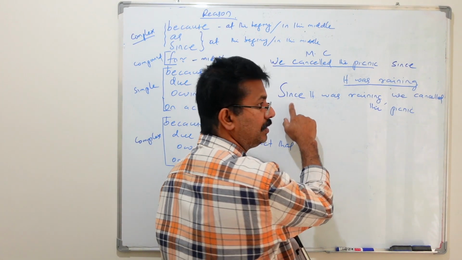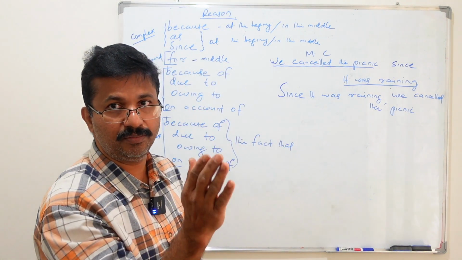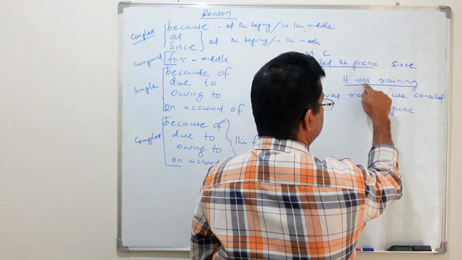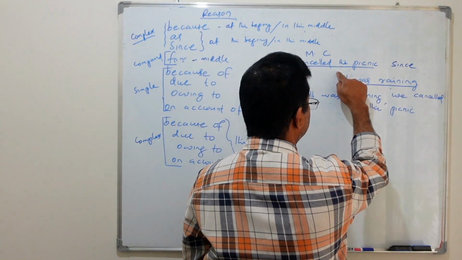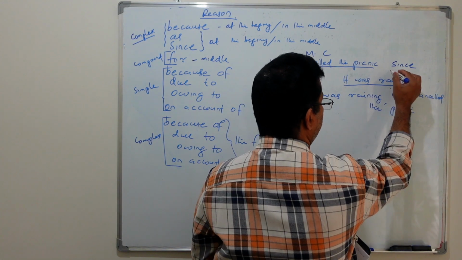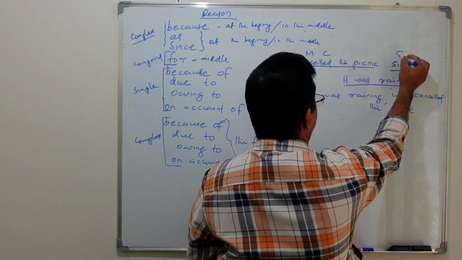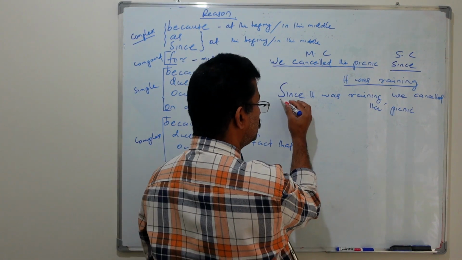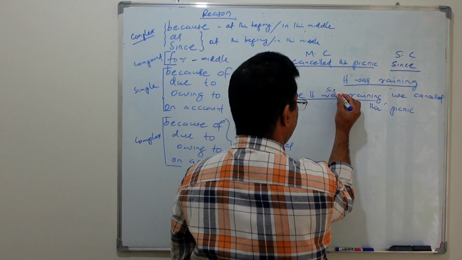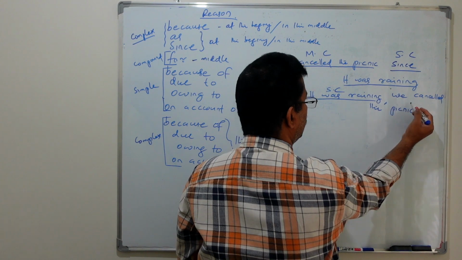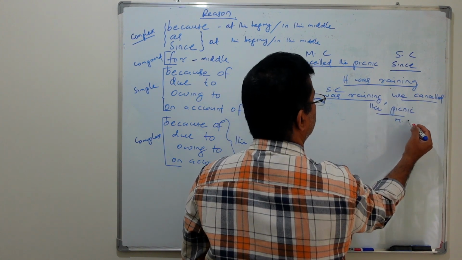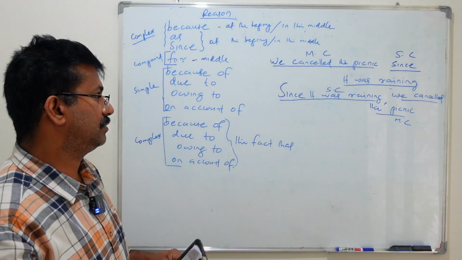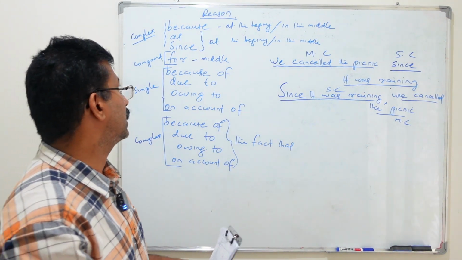It is not used to show time or anything like that. We cancelled the picnic since it was raining is a complex sentence because this is a subordinate clause and this is the main clause. Since it was raining is the subordinate clause, comma, we cancelled the picnic is the main clause. You get the same sentence structure, which is a complex sentence.